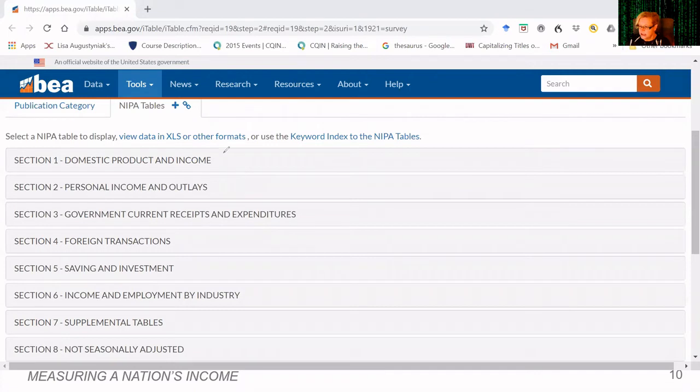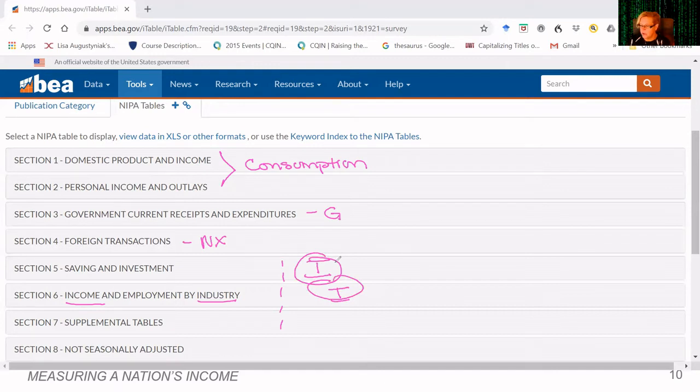We take a look at these together and we can say, hey, that sounds like consumption. And it is. Government here, net exports right here, and then some supplemental information that we would look at as well. Investment would be income by industry, right? So that could be our investment category. And then we might also look at the savings and investment category overall. So these two added up together is kind of what we would look at.